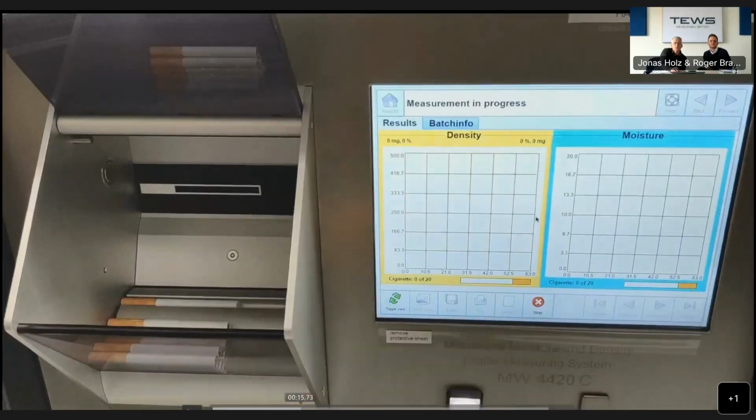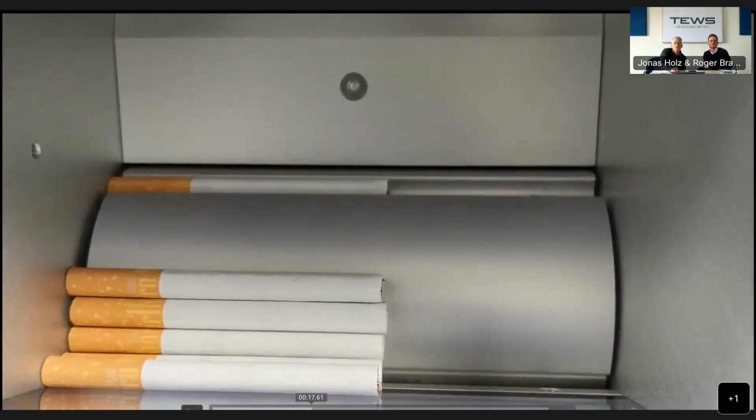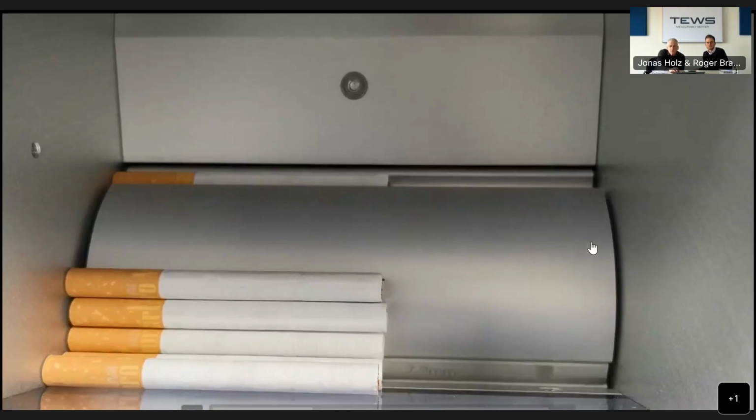So we've got a question about size of cigarettes. We have those feeding slots here, and they are good to use for standard and slim cigarettes, and for super slim cigarettes, we can cover these slots with insert pieces, and maybe we can see it here.